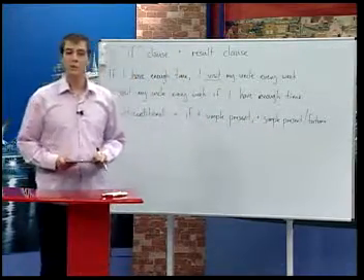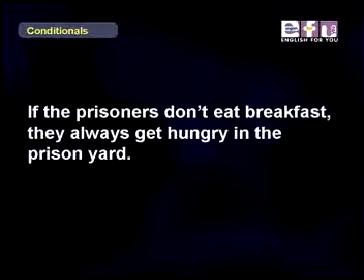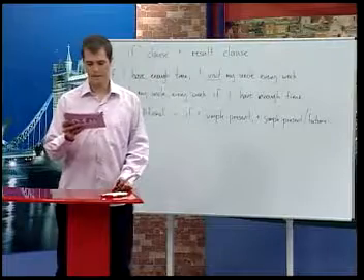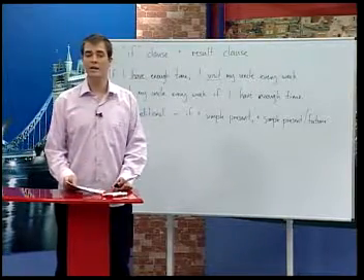Let's look at some more examples then. If the prisoners don't eat breakfast, they always get hungry in the prison yard. Now, the simple present is used in the result clause to show that something always happens, or it's a habit. It's a habitual activity or a situation.